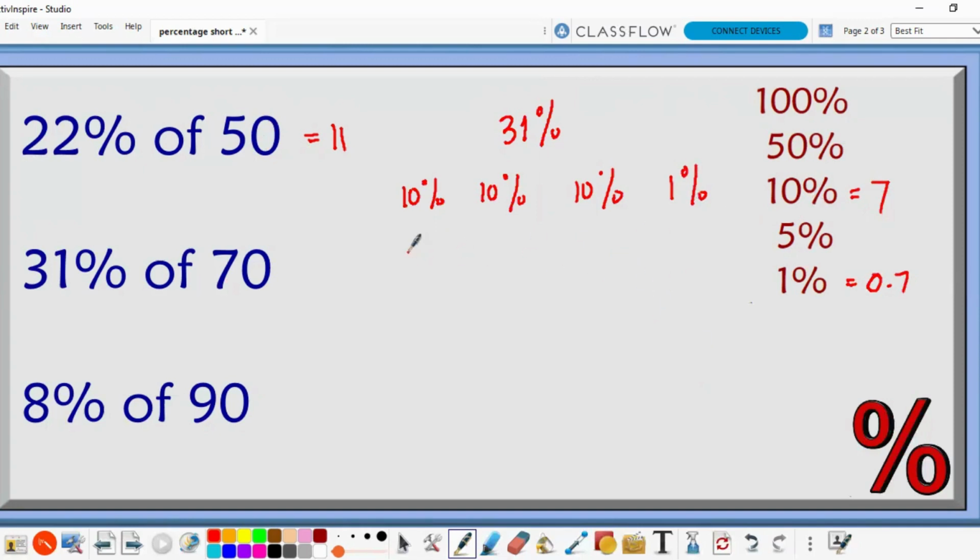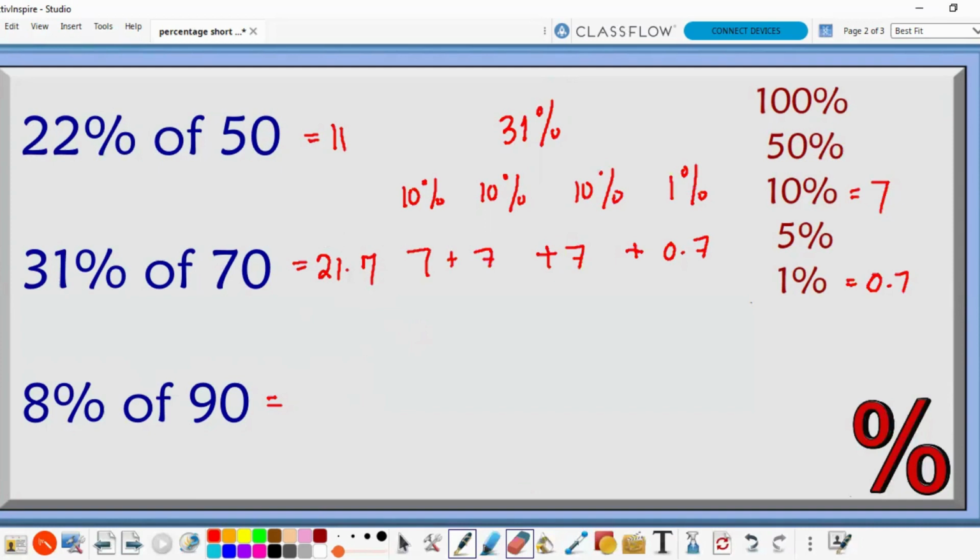And then let's add. So 7 plus 7 plus 7, or 7 times 3 plus 0.7: 7, 14, 21.7. And that's the 31% of 70.